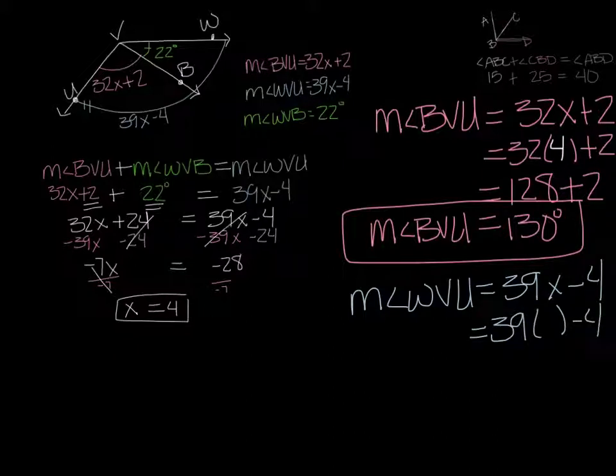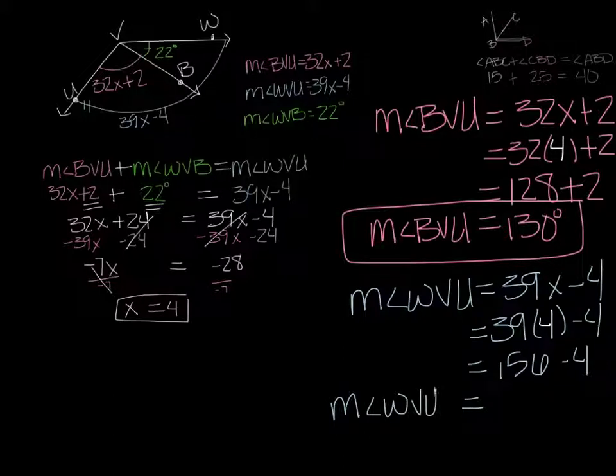Our x value being 4. So 39 times 4 is 156. So the measure of angle WVU is 152 degrees.